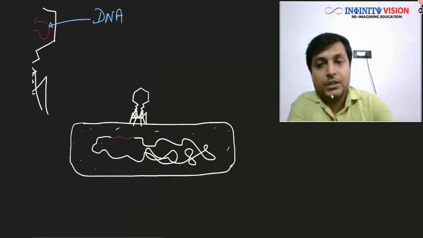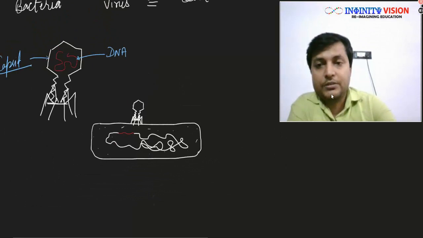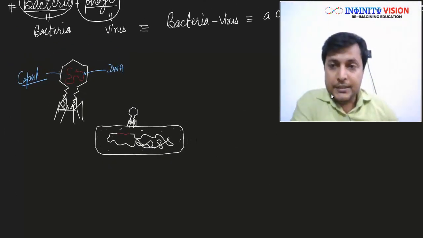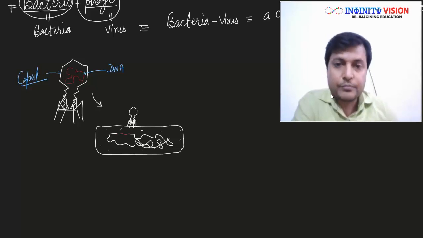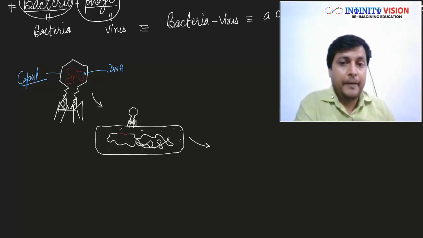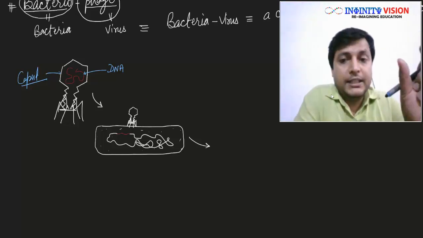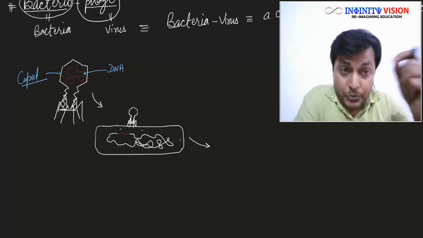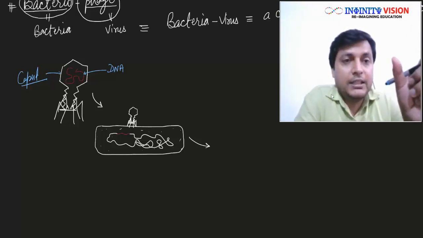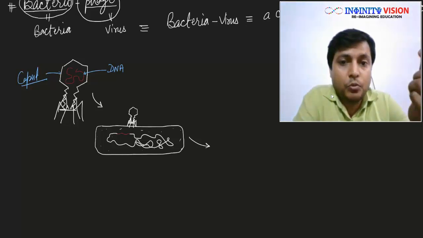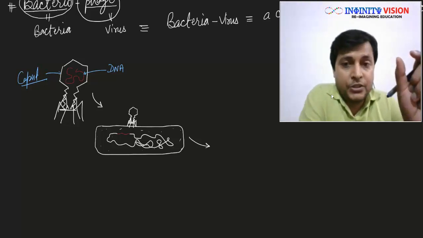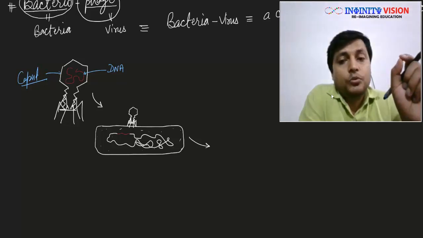Great. Then what happens? Let us see. Can you see this whole picture now? Great. This is what happens. After some time the viral DNA inside the bacterial cell starts to make its own proteins, because this viral DNA has the genes for its own proteins. So using that information, the virus starts to make its own proteins.